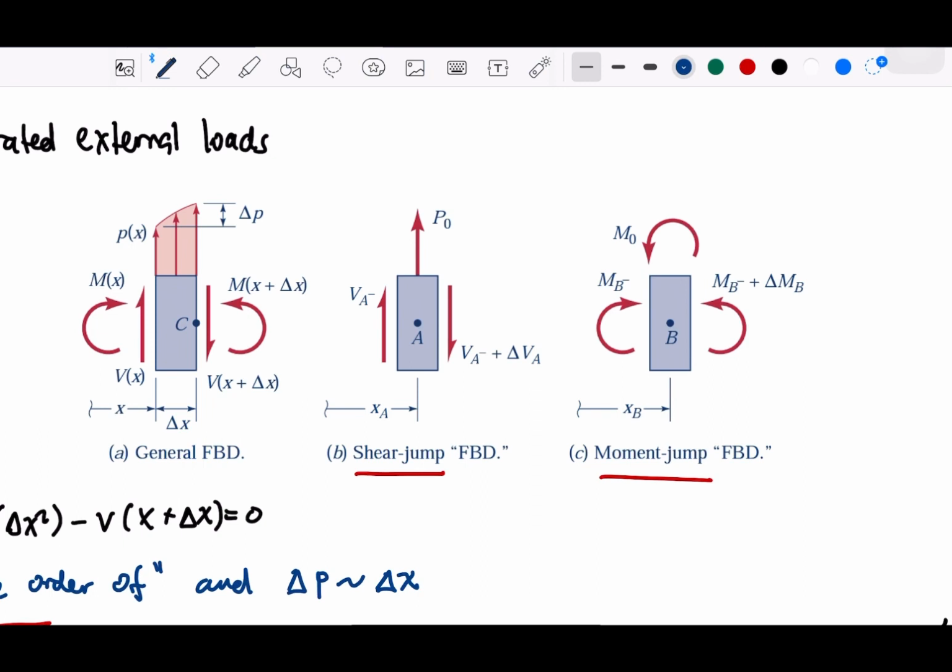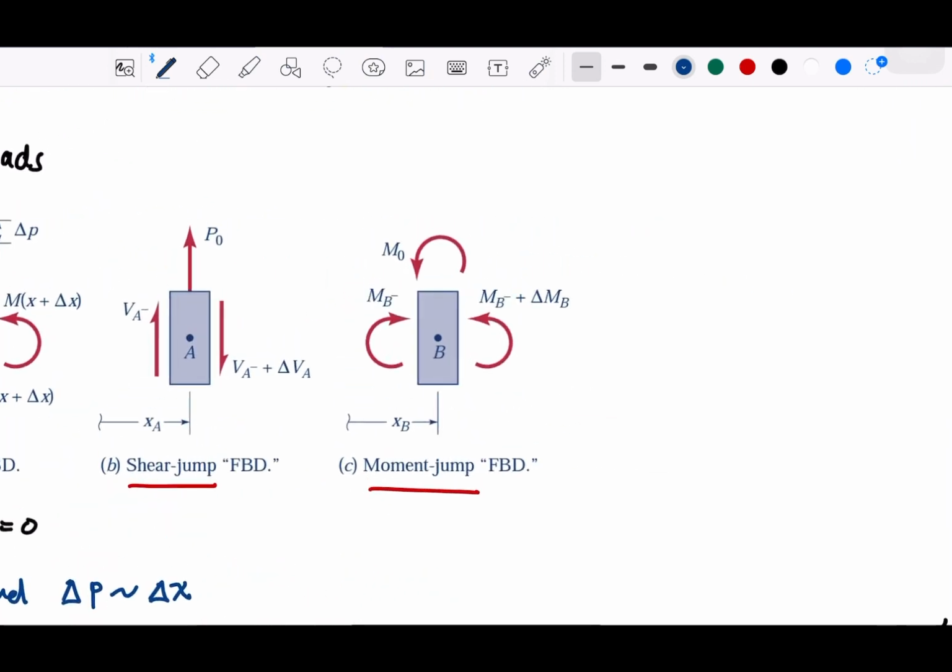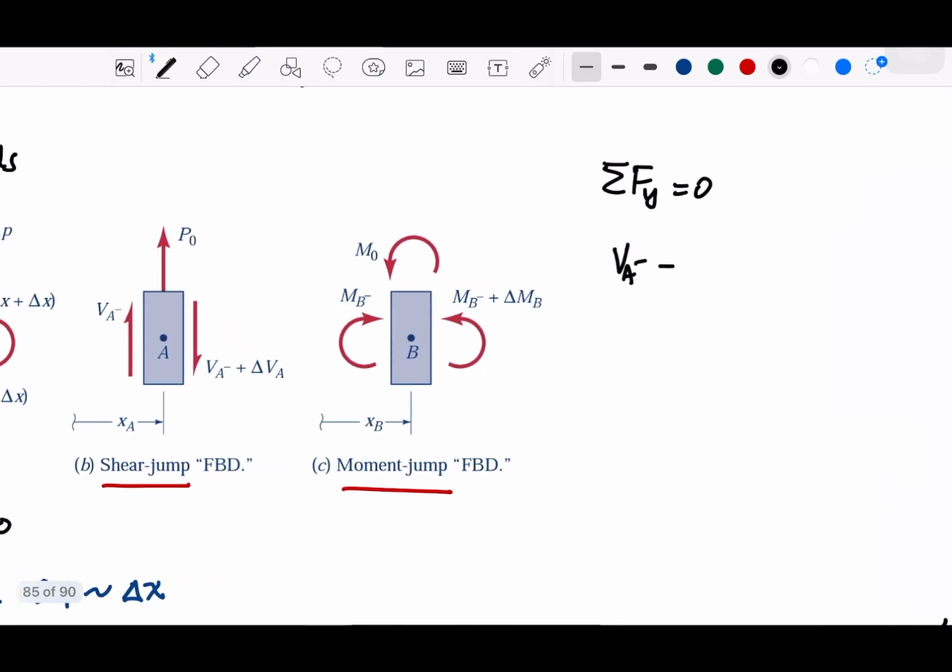So first, if we take these two pictures on the right side, the V and the M, if we take the equilibrium for the shear, for the y-axis, for the force, for the second picture, we see that this is going to be VA, and then minus VA plus delta VA.